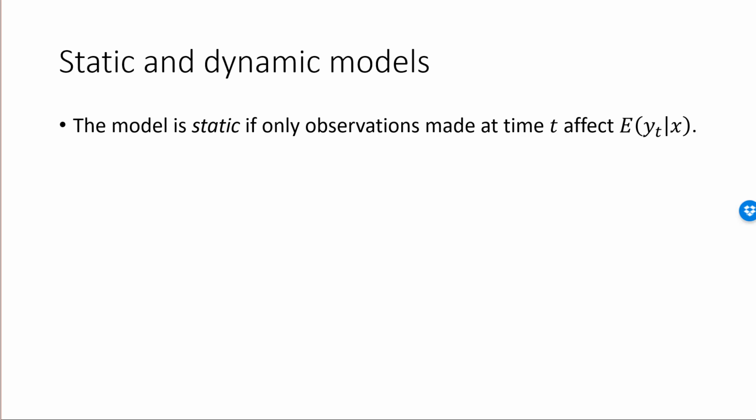Note, I am conditioning on all x data at all points in time, so it is allowed for this expected value to depend on past values of x as well. But if it turns out that this expected value does not depend on past values, then we say that the model is static.